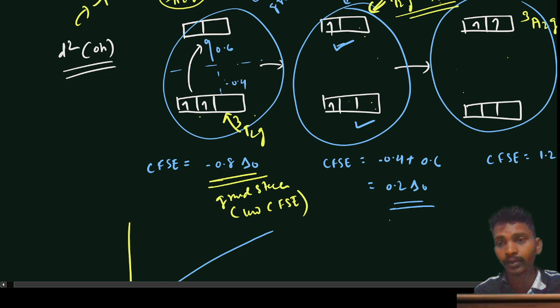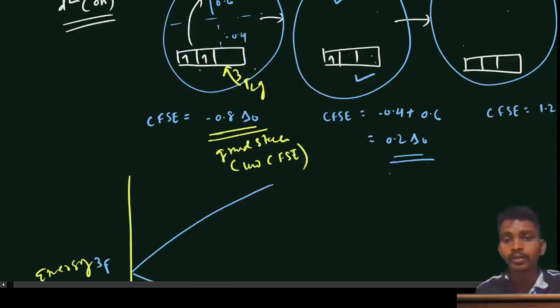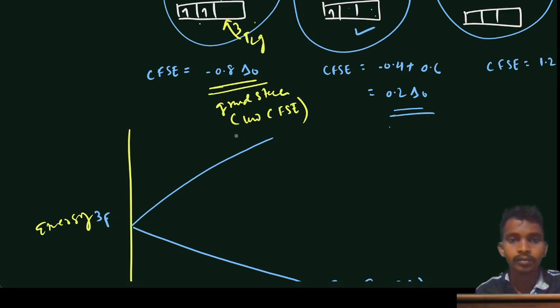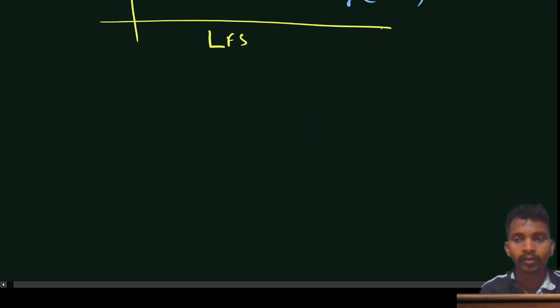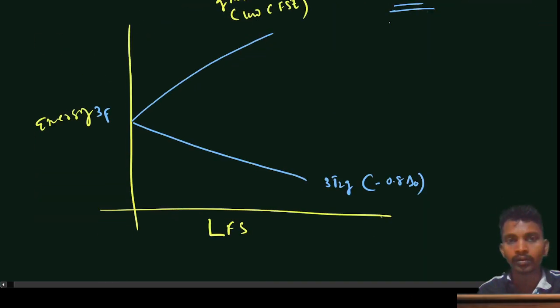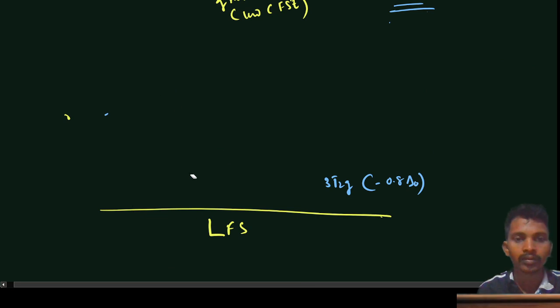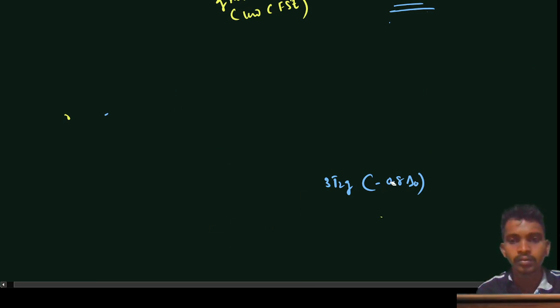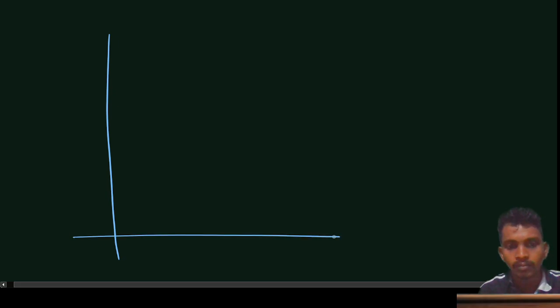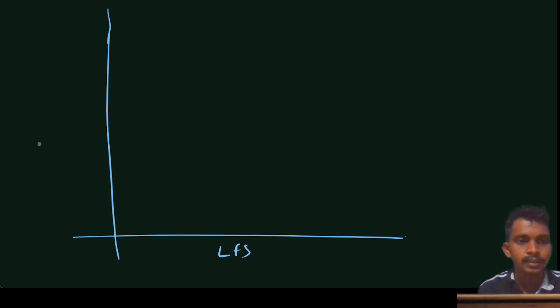So this is 0.2 delta naught, first it will come, after that it will come. This is the ligand field strength, this is energy.